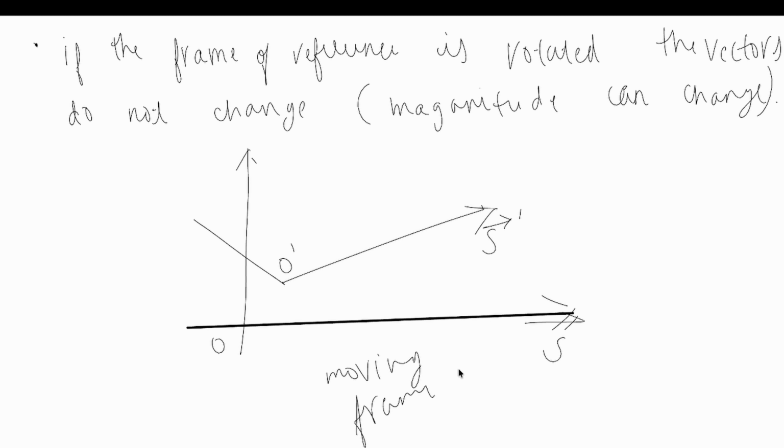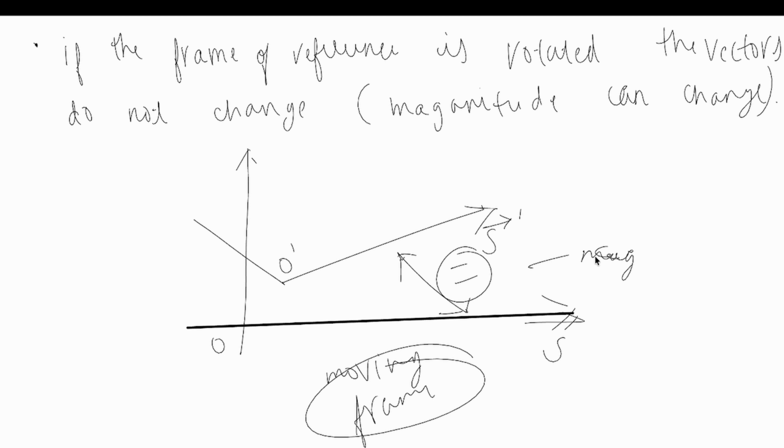These two vectors are equal, but the magnitude can change, can vary, while these two vectors remain the same. The only key note here is that magnitude can change, but the vectors remain the same.